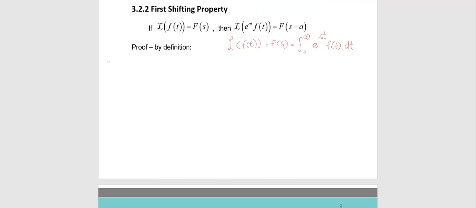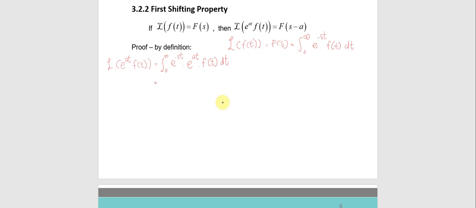So the Laplace of e^(at) f(t) is equal to the improper integral of e^(-st) times e^(at) times f(t) dt.